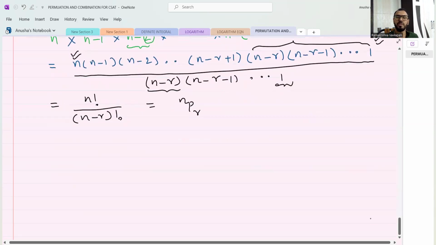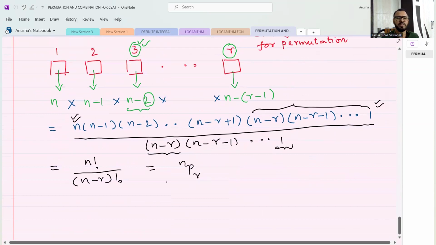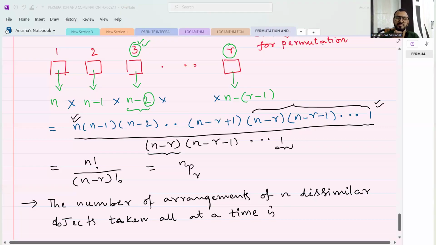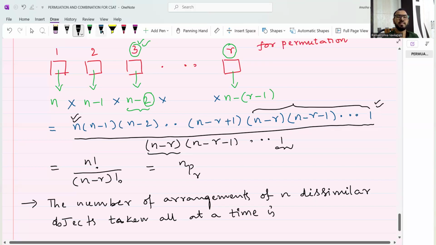What happens if you take all objects at a time? The number of arrangements of n dissimilar objects taken all at a time means we are taking all objects at a time and we are arranging along a line.